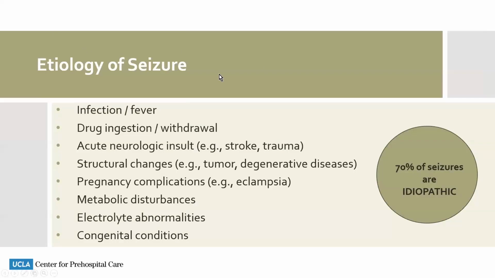So why do kids have seizures? Why do adults have seizures? Well, it could be a fever, could be from some infection. Now, they used to think that anytime a kid got a fever, he was potentially at risk for a seizure.